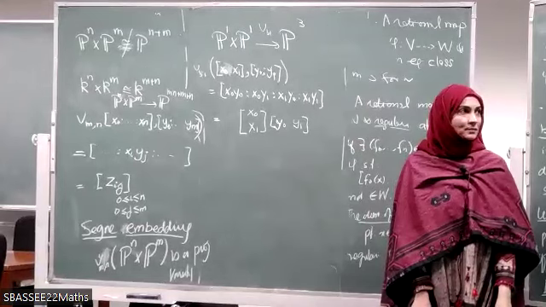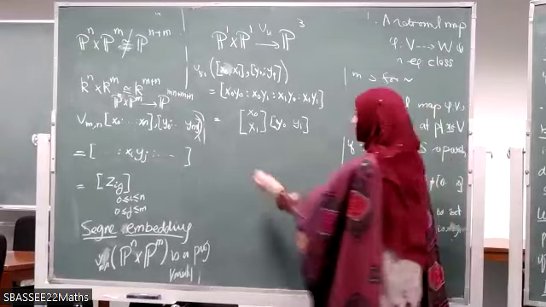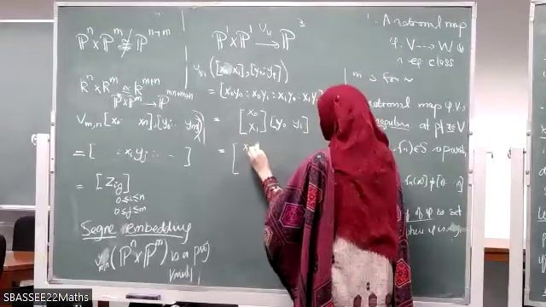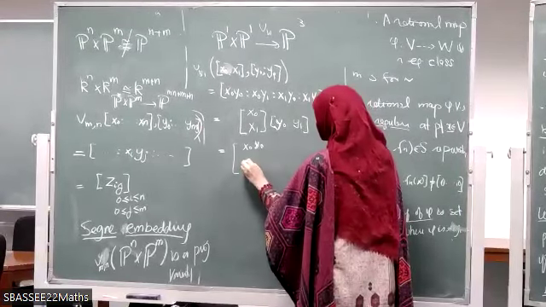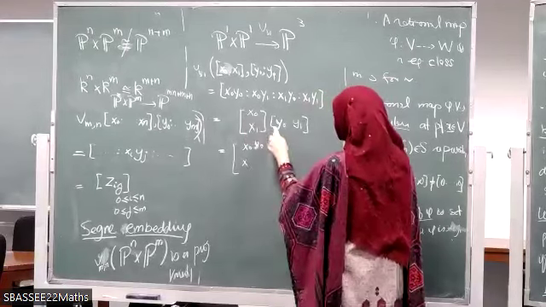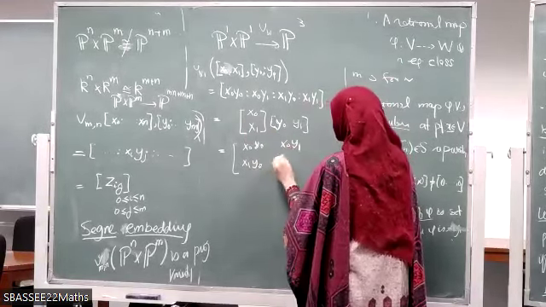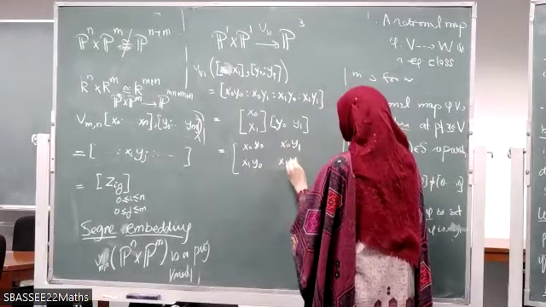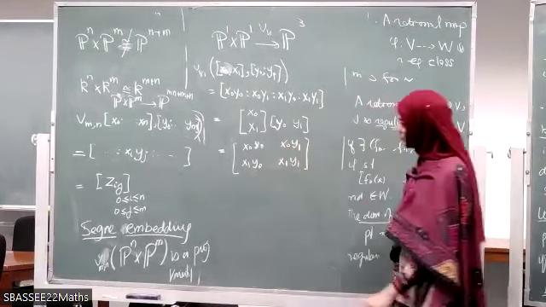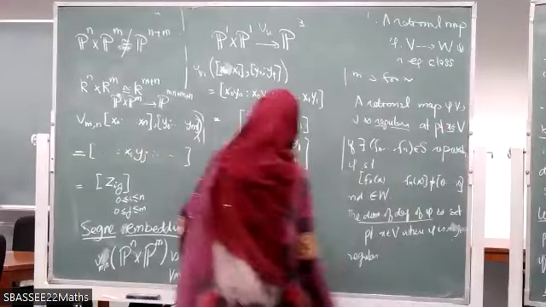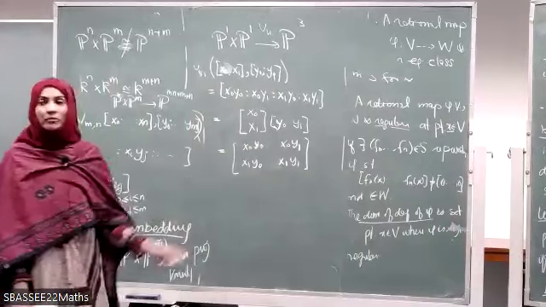Right? And it is nothing, just I can write this as a matrix form. And if you see this as a matrix, what is the rank of this matrix?